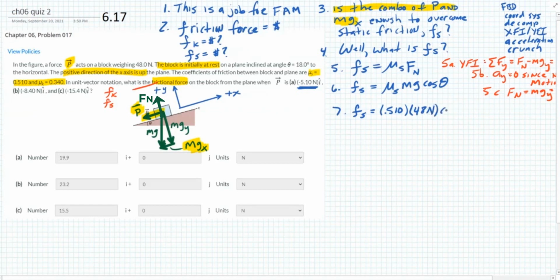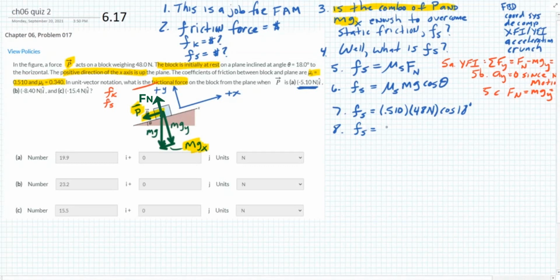Cosine of theta is cosine of 18 degrees. So if I need it, my static friction can provide up to 0.51 times 48 times cosine of 18.